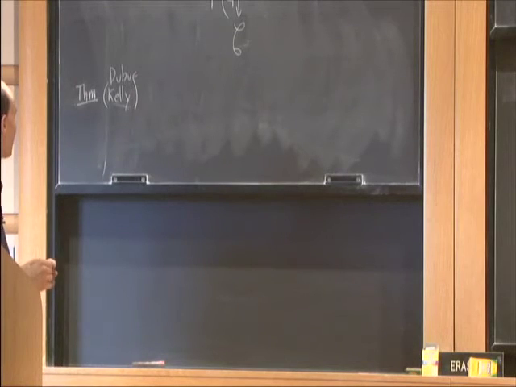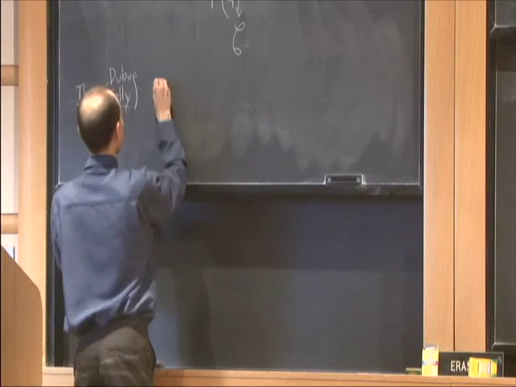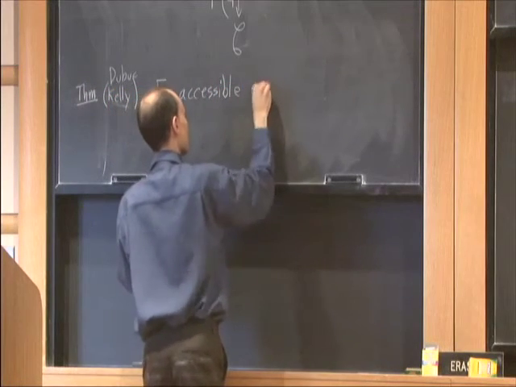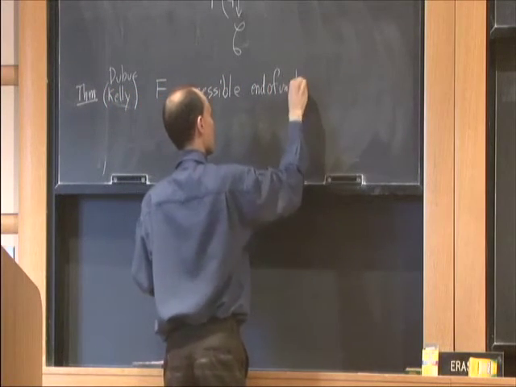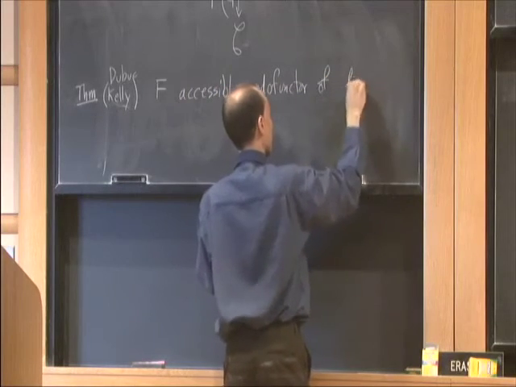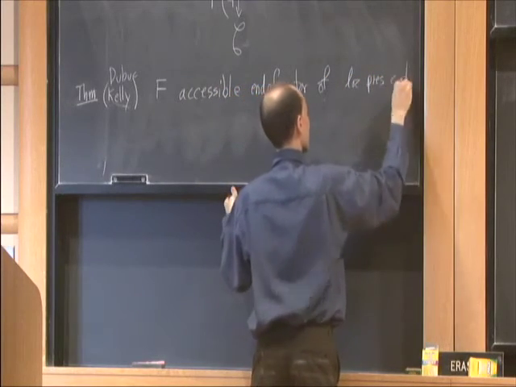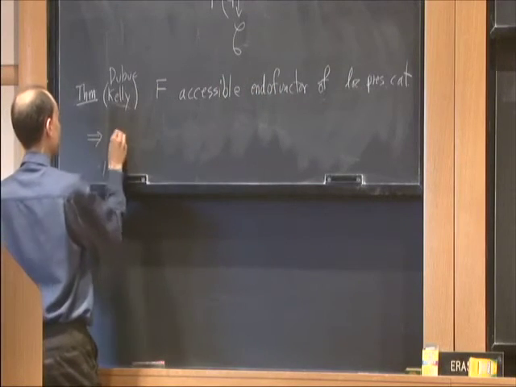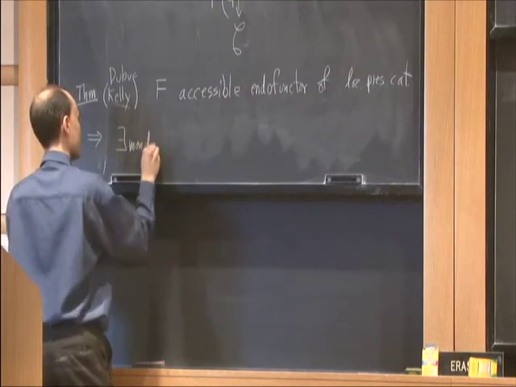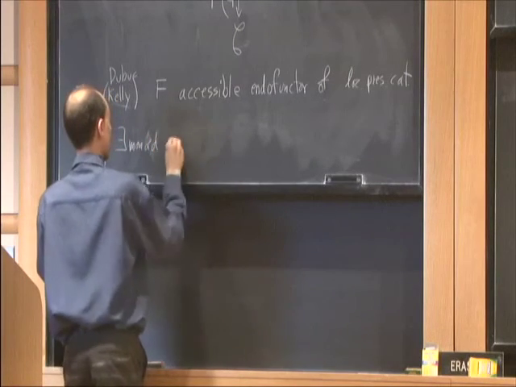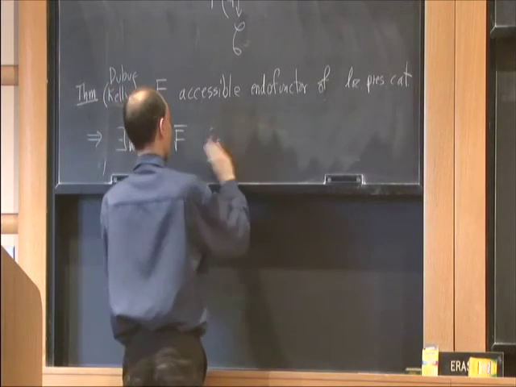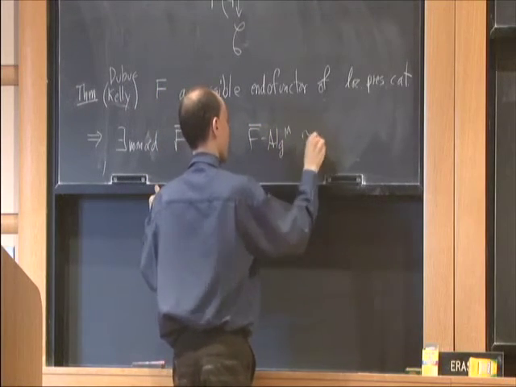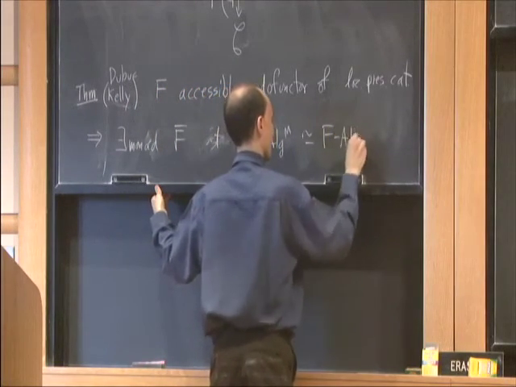It says that if F is an accessible endofunctor of a locally presentable category, (remember, I assumed my model category was locally presentable), then there exists a monad, F bar, such that the F bar monad algebras are equivalent to the F endofunctor algebras.